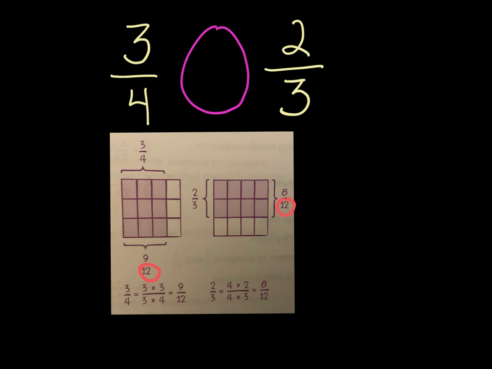And how they did that is they multiplied 3/4 by 3, and then 2/3 by 4 to get 9/12 and 8/12. So we knew that 3/4 was larger than 2/3 by using the common denominator strategy. And they also used the pictures to break it up to show visually what it looks like.